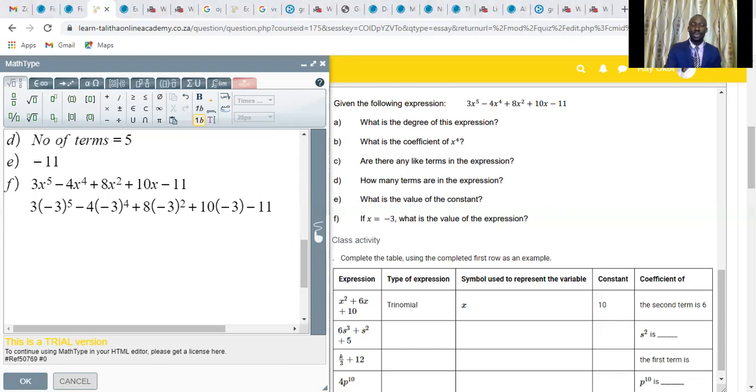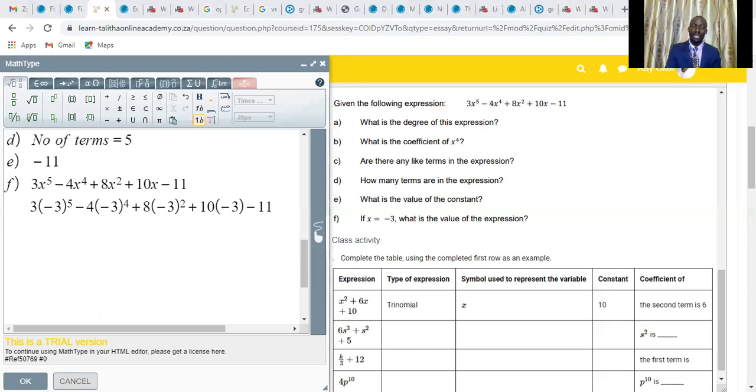We have 3 times, with exponent of 5: 3 times negative 3, we close the bracket, then exponent of 5.